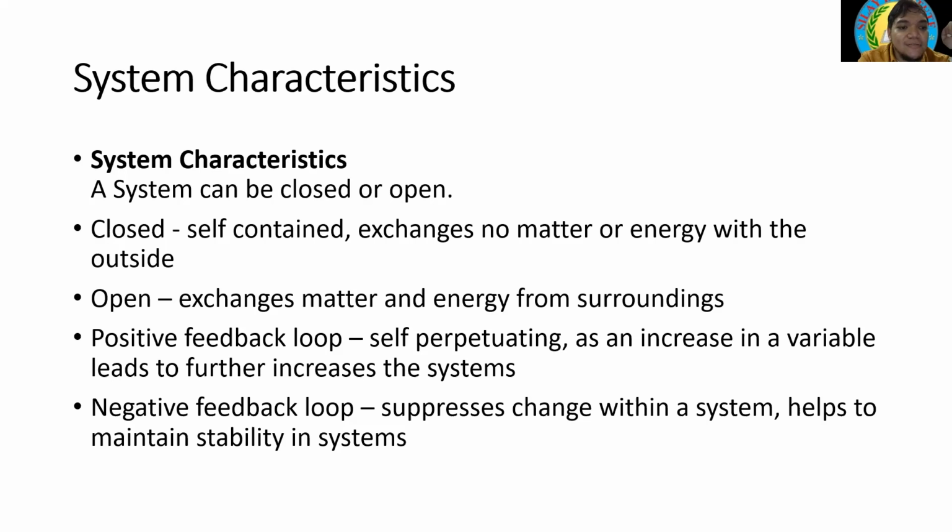And we also have the positive feedback loop and the negative feedback loop. The positive feedback loop is self-perpetuating, or an increase in a variable leads to a further increase in the system. While the negative suppresses changes within the system and helps to maintain stability in the system. Everything is always found in a system because it is a characteristic of a system.